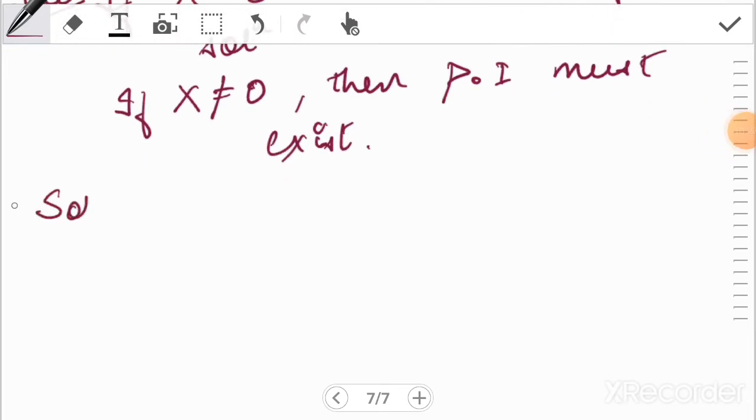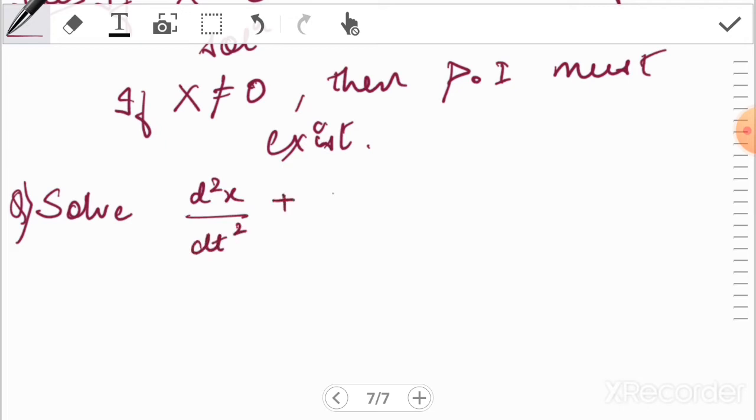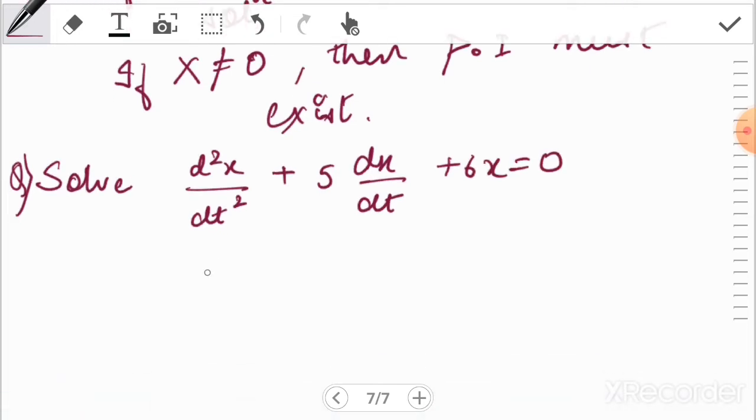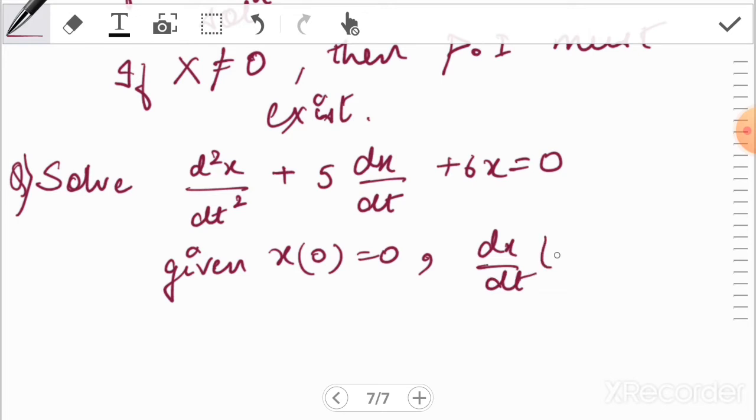Solve d square x by dt square plus 5 dx by dt plus 6x is equal to 0, given that x of 0 is 0 and dx by dt at t equal to 0 is 15.